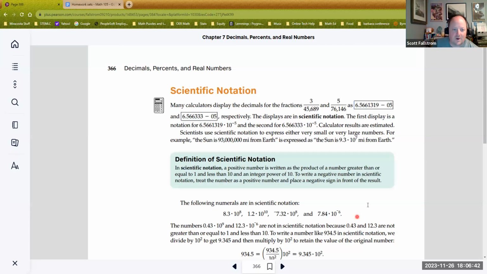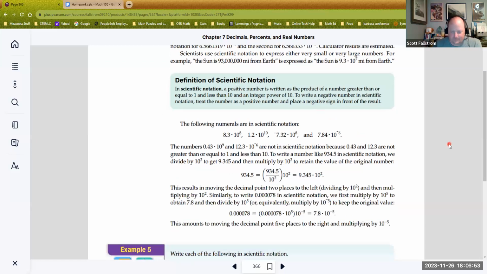Okay, all right, we're going to get into scientific notation now. Depending on your calculator, you may see something different. Scientific notation is written as the product of a number greater than or equal to 1 and less than 10 and an integer power of 10. So here's the idea.